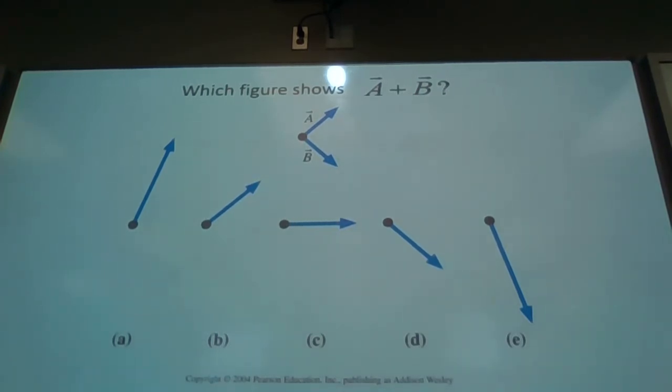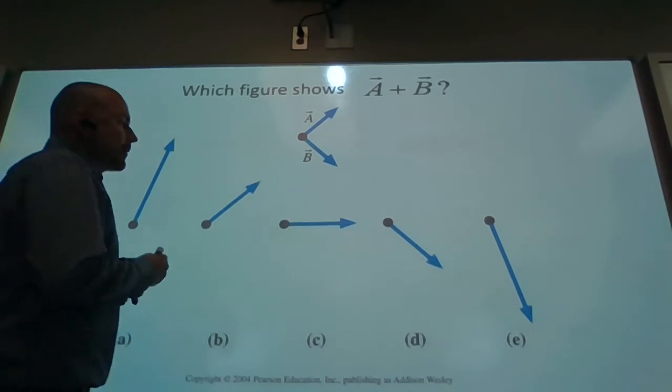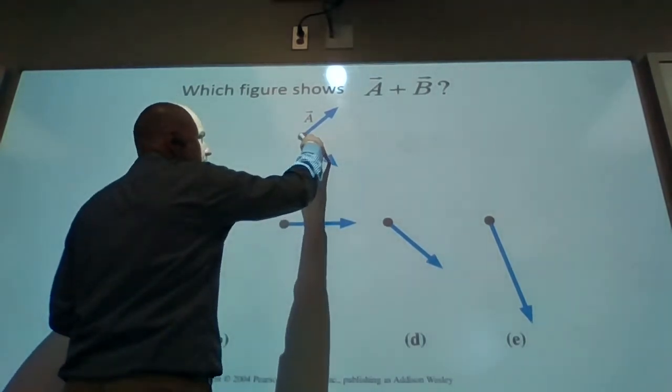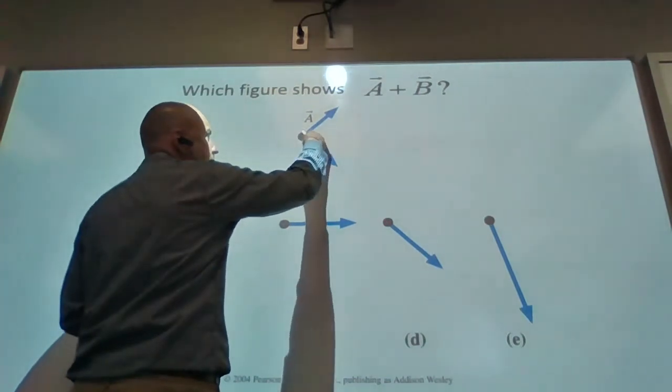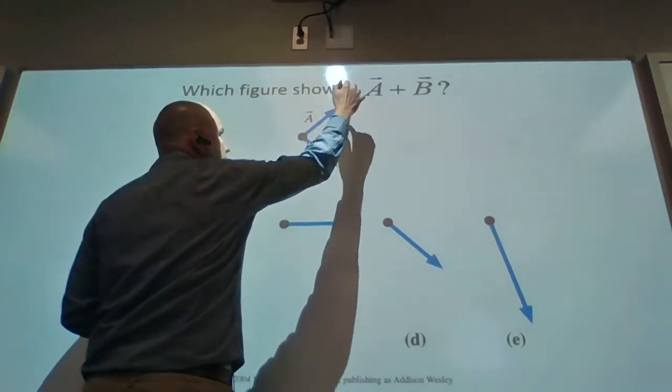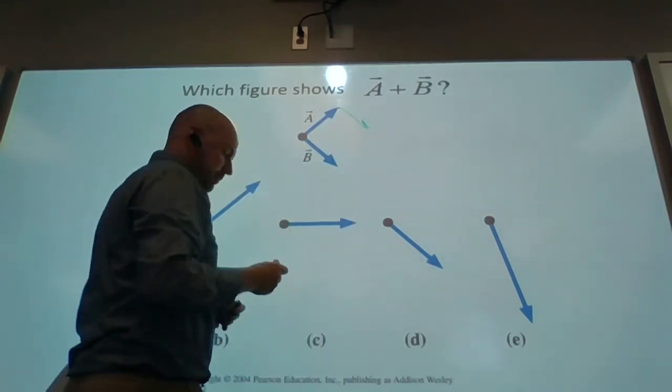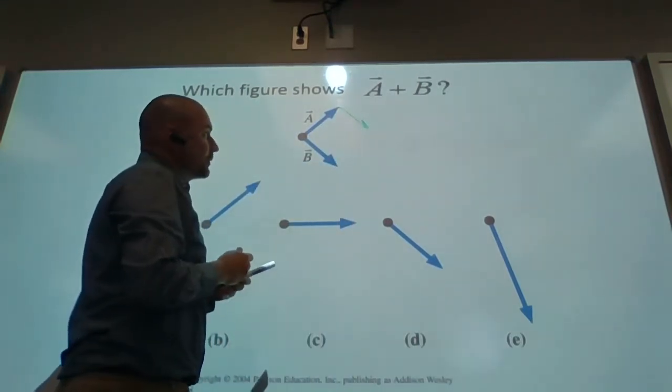All right, what do you say? I heard some C's. Let's say we cut and paste B. Take the tail of this, move it to the head of this. Keep it parallel. The resultant.